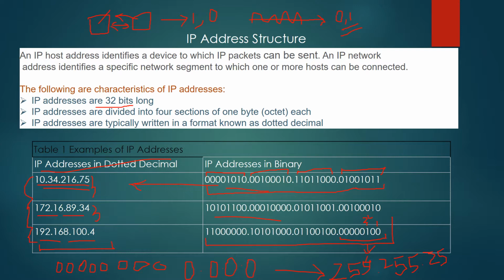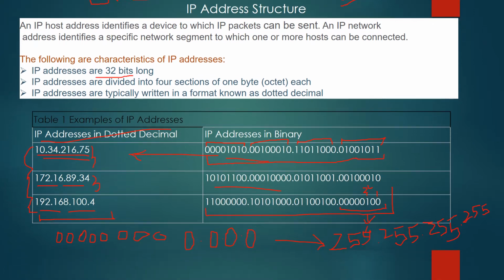So whenever you are referring to any IP address, from 0.0.0.0 to 255.255.255.255, these are nothing but binary numbers. Okay, so let's move on to the next slide and see what we have.